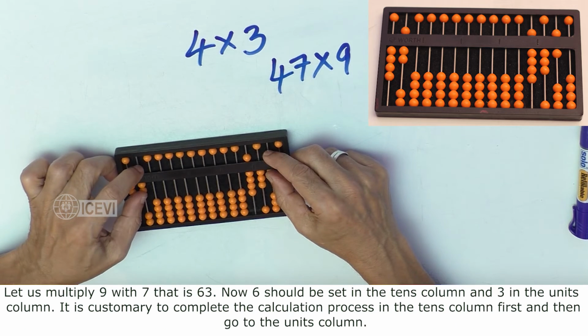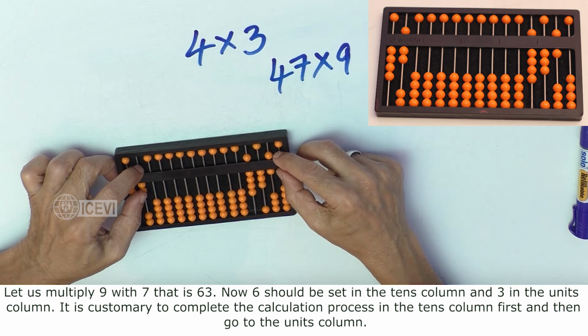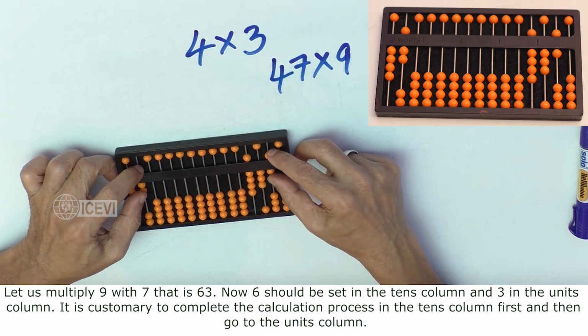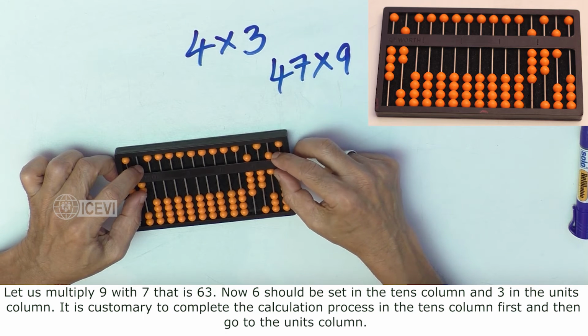Let us multiply 9 and 7 and the result is 63. Now 6 should be added in the tens column and 3 in the units column. It is customary to complete the calculation process in the tens column first and then go to the units column.